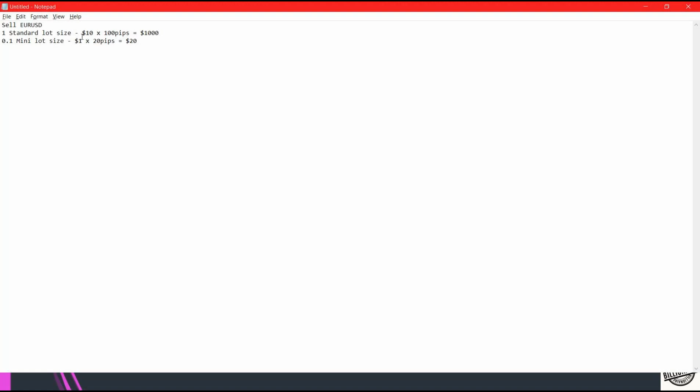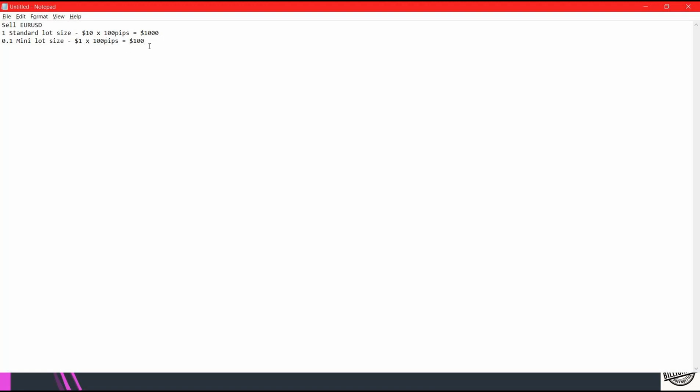Because you're only multiplying one by the number of pips. If it moves 100 pips, like the other one moved 100 pips, how much are you going to make? Only 100. You see? Because you used 10 pounds or $10 to enter the market, when it moved 100 pips, you made 1,000. If you use £1 or $1 to trade this market and it moves 100 pips, you will make only 100. Why? Because 1 times 100 is how much?